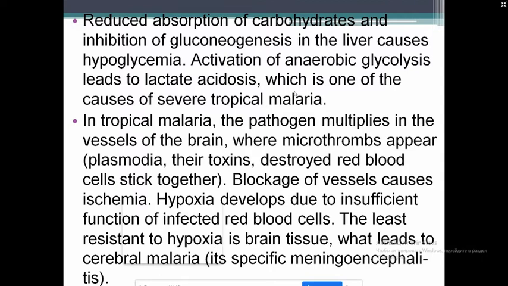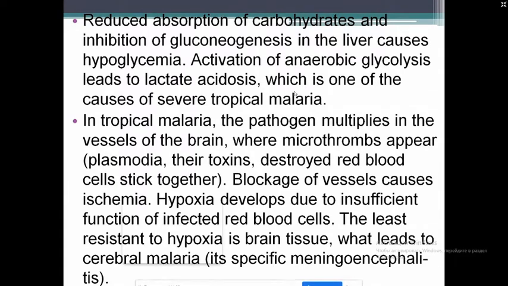In tropical malaria, the pathogen multiplies in the vessels of the brain, where microthrombosis appears. Microthrombi, dear students, consist of plasmodia, their toxins, destroyed red blood cells, and these formations stick together. Blockage of vessels causes ischemia.